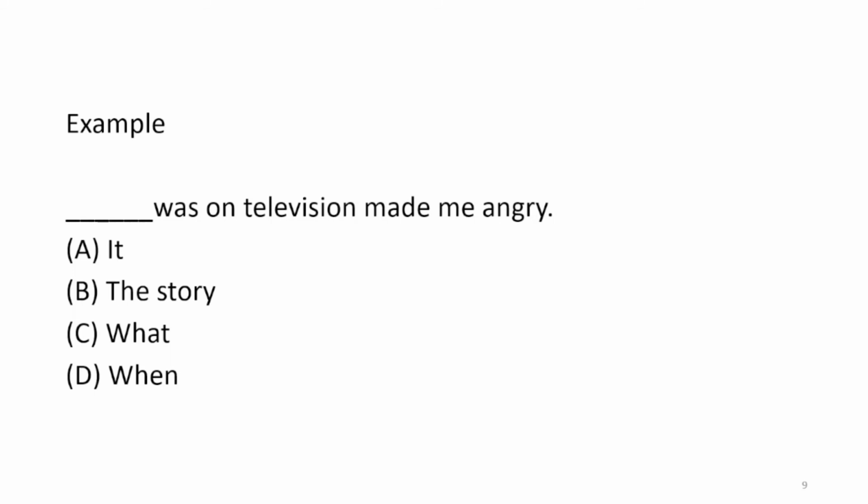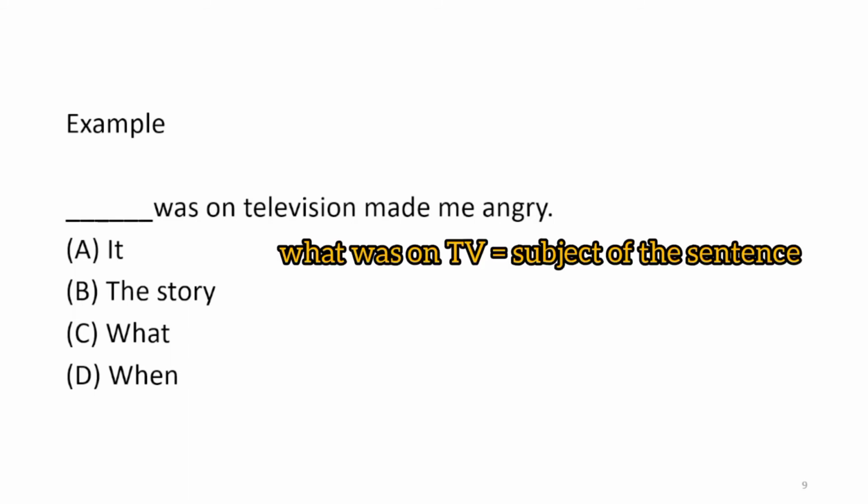So is the answer A, B, C, or D? Yes, the answer is C. What was on television made me angry. So here we have what was on television as the subject of the sentence and made as the verb of the sentence.